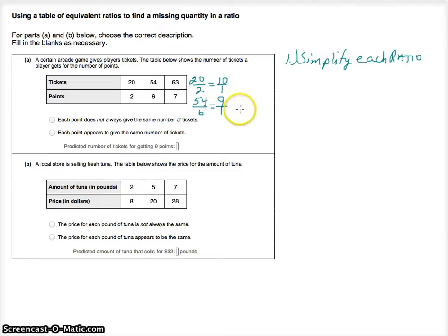And as you can see, these are not proportional. They don't always give the same number of tickets. So right away we can say each point does not always give the same number of tickets. We're looking for equivalent ratios. We want all of our ratios to be the same. So after you simplify each ratio, you need to compare them.